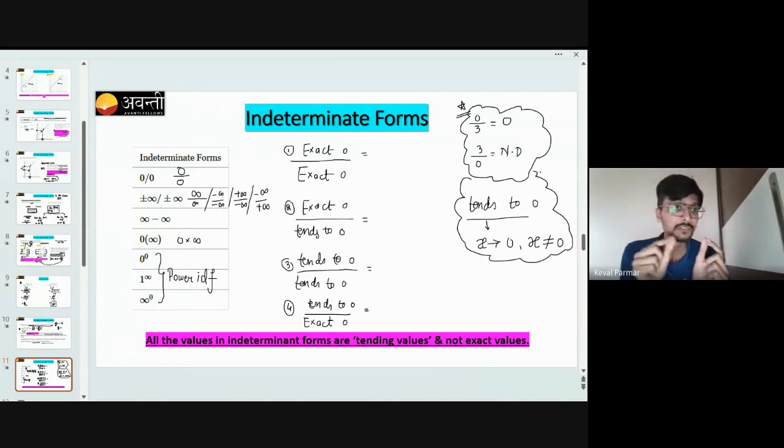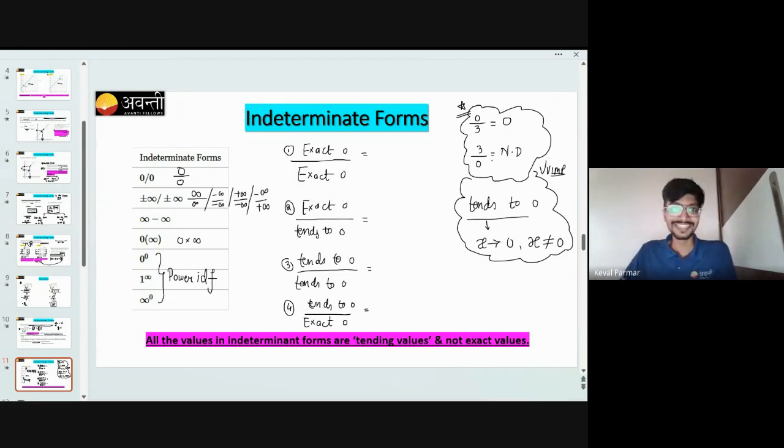X tends to 3 means it is close to 3 from both sides, but it is never 3. Very, very important. Tends to 5 means it is very close to 5 from either side, but it is not exactly 5. If we get exactly 5, that means we are using the functional value. There is a difference between limiting value and functional value.